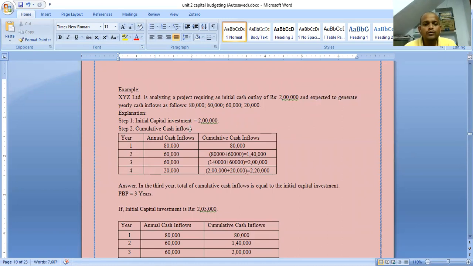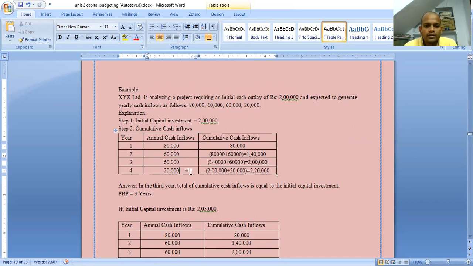So cumulative cash inflows: 80,000 in year 1, and in year 2, we have to add the 60,000 to 80,000, so we get 1 lakh 40,000. In the third year, another 60,000, so it comes to 2 lakhs.